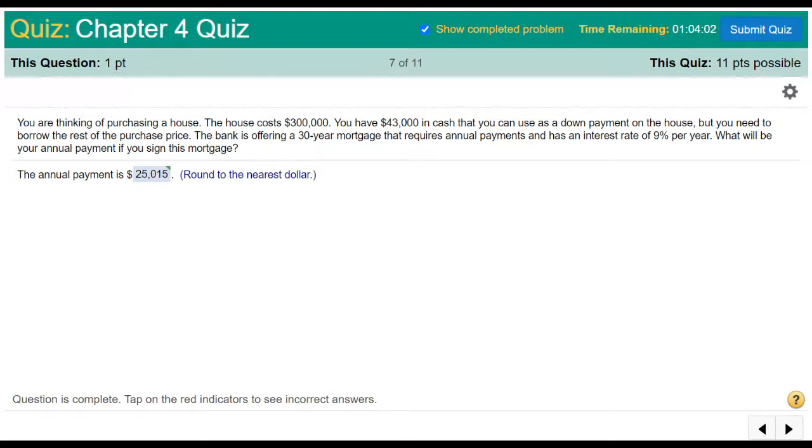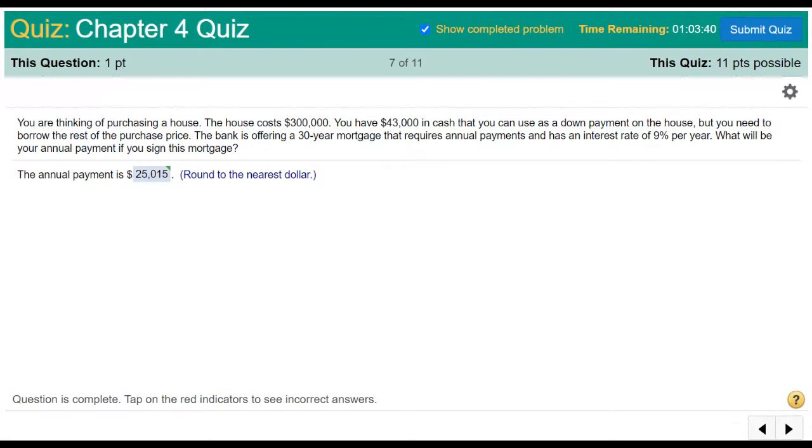Right? Future value is 0. And then present value is 257. And then compute for payment. Round to the nearest dollar is 25,015. Not $2,000.